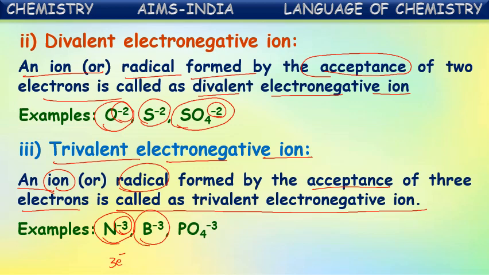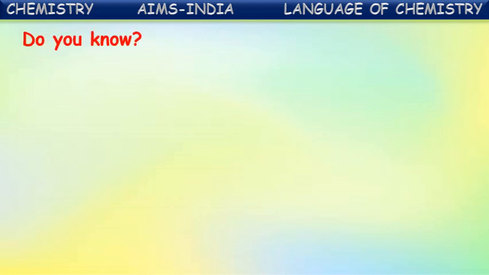B minus 3: boron gained 3 electrons, so it gets a negative charge of 3 minus. Phosphate ion PO4, phosphate radical we can say, because it is a group of atoms having some negative charge. So it is called a trivalent electronegative ion. So these are examples for monovalent, divalent, trivalent electronegative ions or anions.